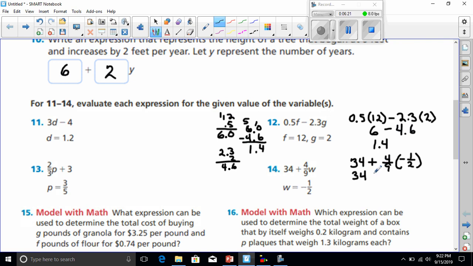And well, we know that a positive times a negative is going to give us a negative. So this is going to be negative. 4 times 1 is 4. And 9 times 2 is 18.